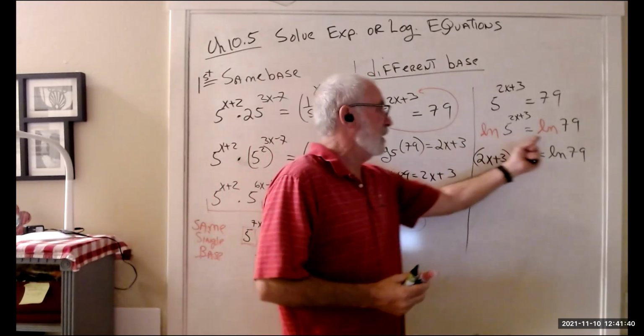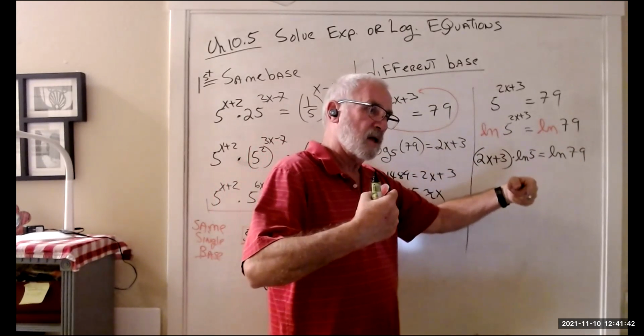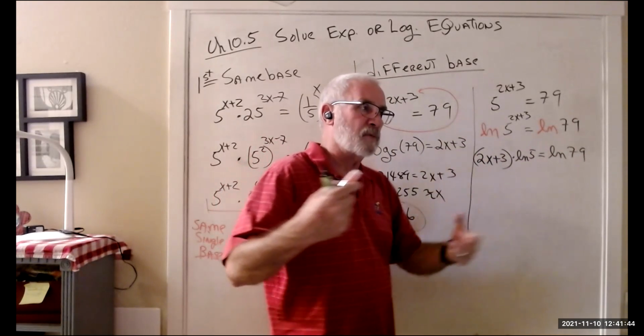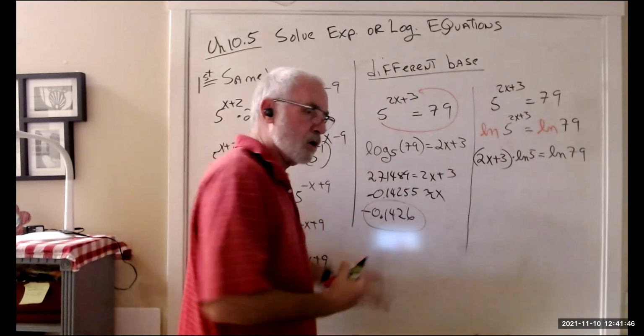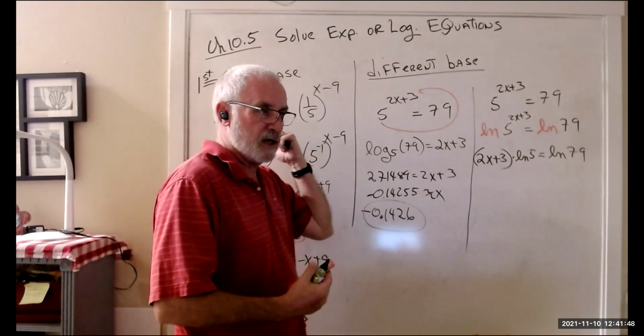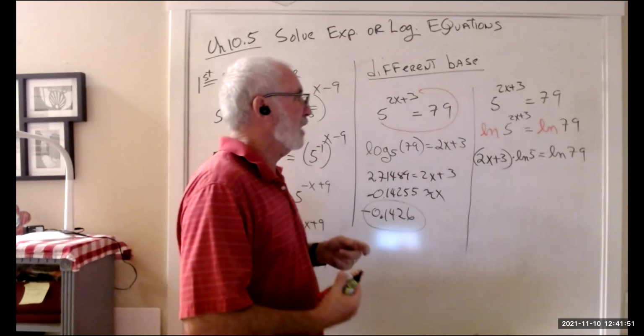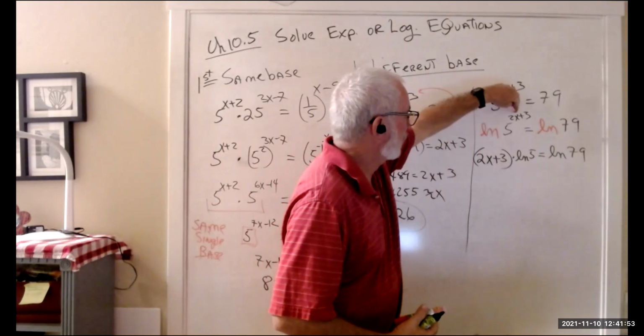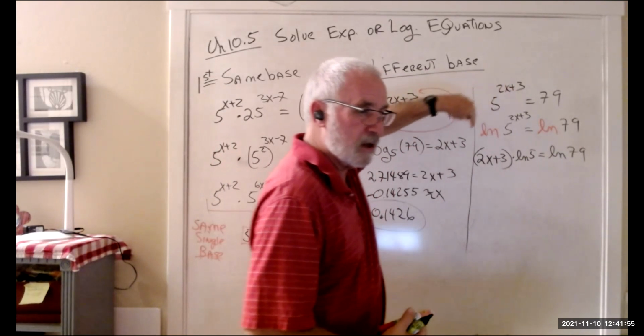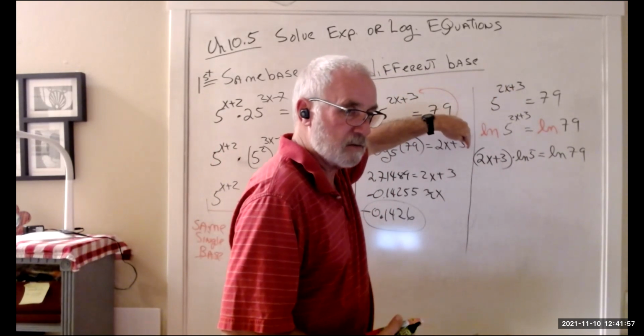By taking the ln of both sides, that opens your problem up to being able to use all those log laws that we just discussed earlier tonight. The main one here is it allows us to take that power out front, which I did.